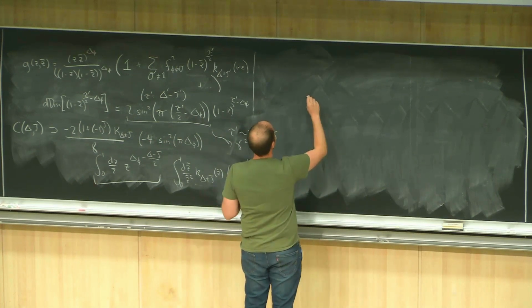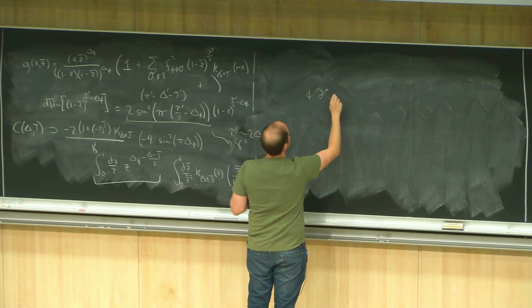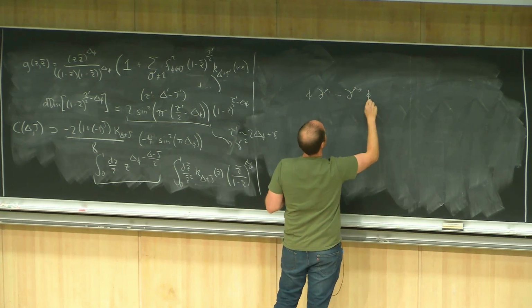So basically, all the operators that appear in that 4-point function to leading order look like something like this.